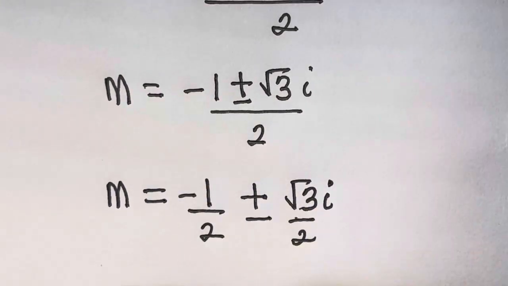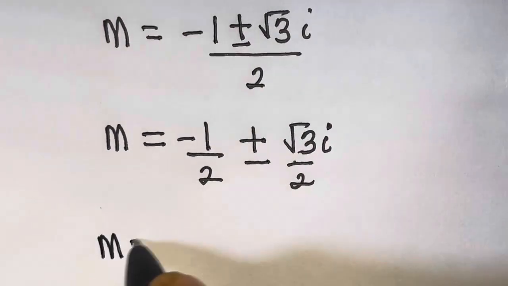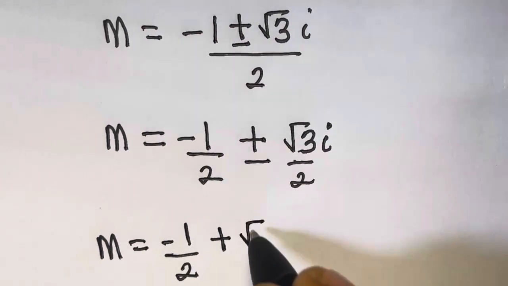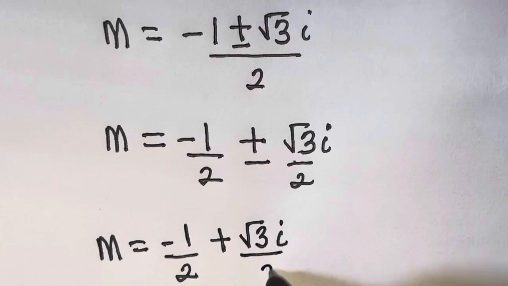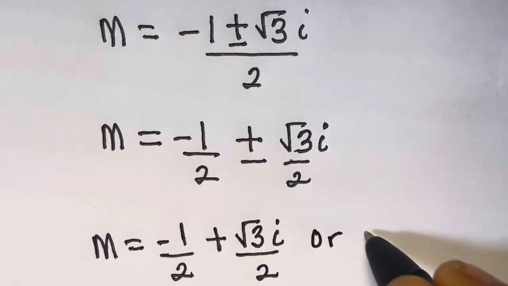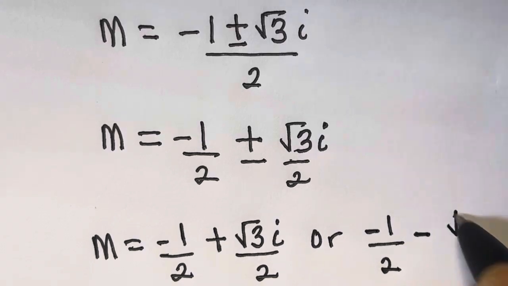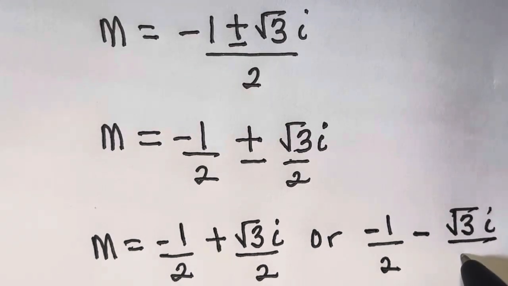This is the same as m equals minus 1 over 2 plus square root of 3i divided by 2, or minus 1 over 2 minus square root of 3i divided by 2.